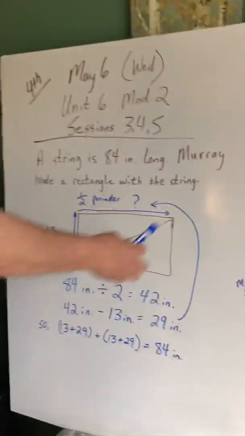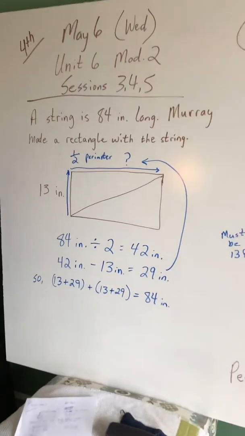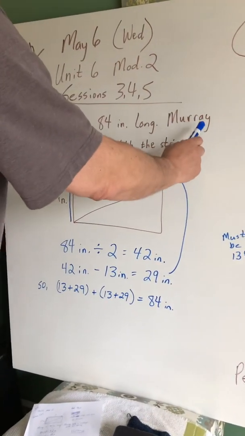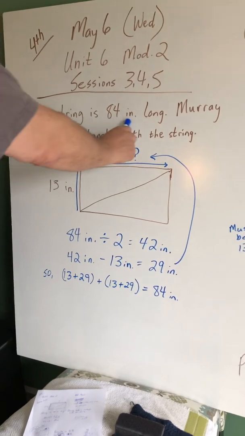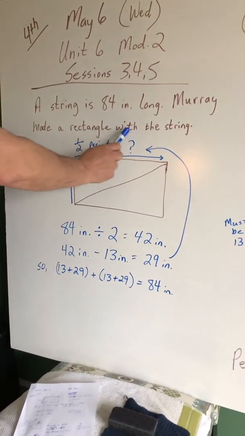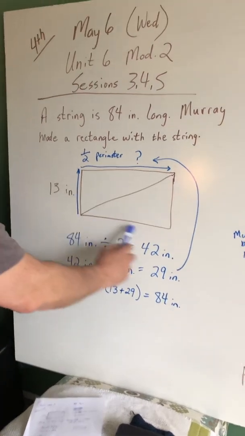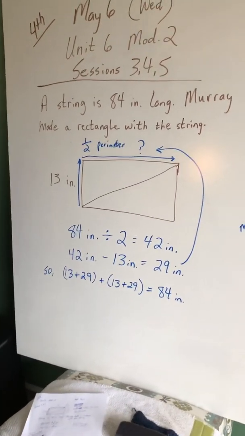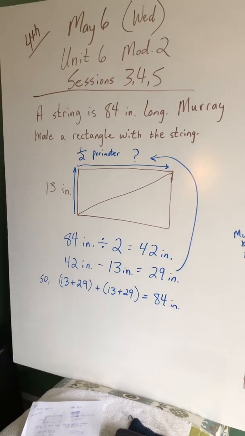So when we say, hey, I saw Murray today, we mean Murray the groundhog. So a string is 84 inches long, and Murray the groundhog made a rectangle with the string. Here it is, okay? So it's 84 inches long, okay?